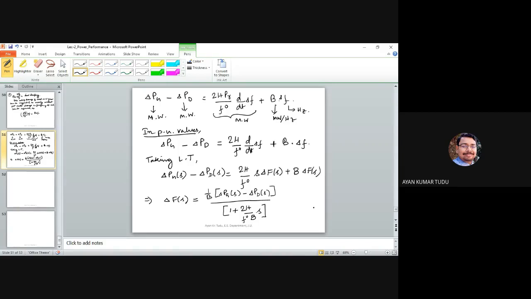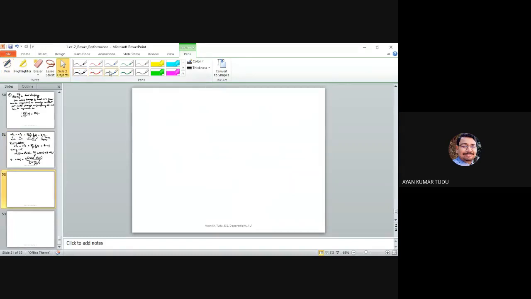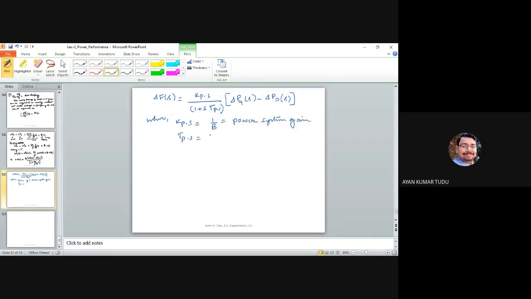So we can say delta F(s) is equal to Kps into 1 plus s Tps times delta PG(s) minus delta PD(s), where Kps is nothing but 1 by B, which is the power system gain, and Tps is equal to 2H by f naught B, the power system time constant.